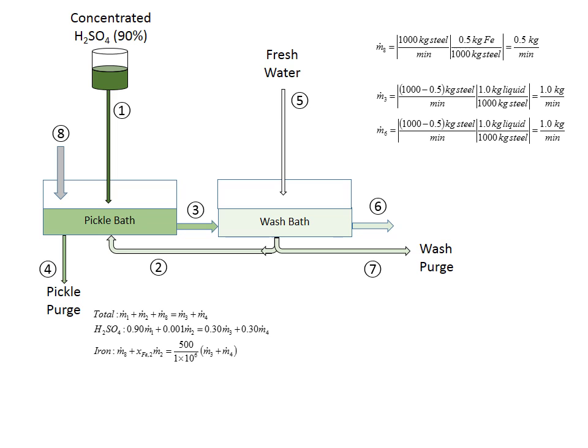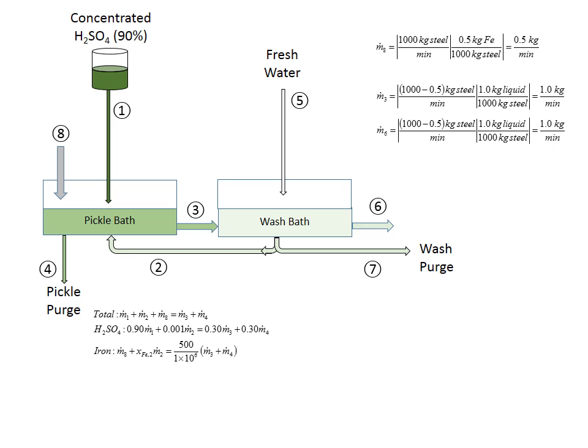So coming in stream 2, 0.1% is 0.001 mass fraction, and we'll multiply that by the total stream 2 flow rate, m.2, and then that will equal the sulfuric acid leaving in streams 3 and 4. And in the pickle bath solution, the concentration of sulfuric acid is a 0.3 mass fraction.